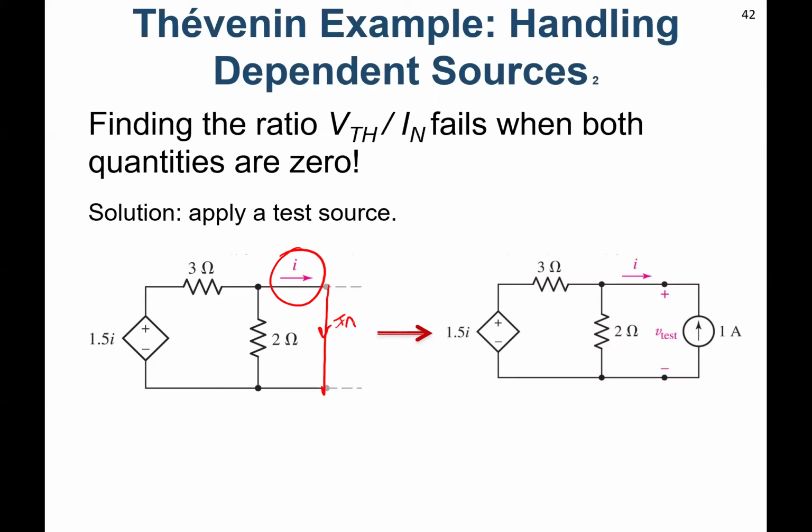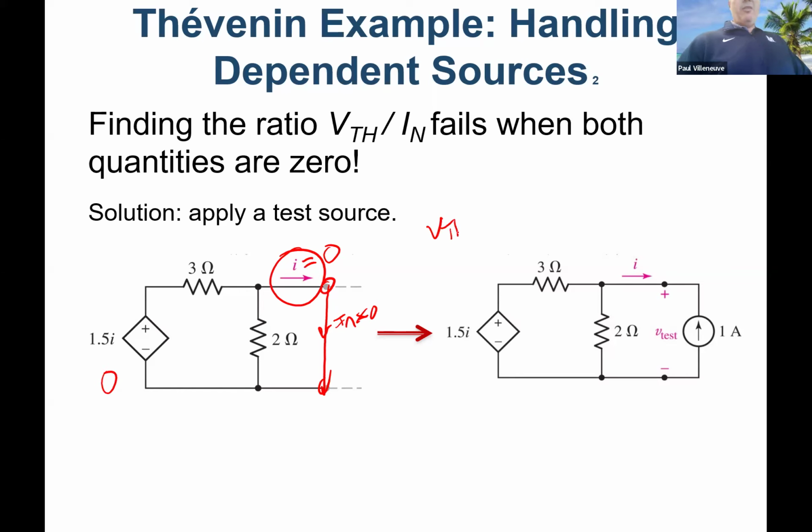But the problem is, you're not going to get 0. That does not equal 0. But if you open circuit this here, what does I equal now? 0. So then you would end up with no voltage source here, which would mean V Thevenin equals 0. So 0 divided by I Norton, you can't have an R Thevenin equal to 0, right?